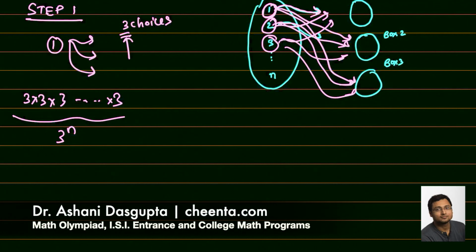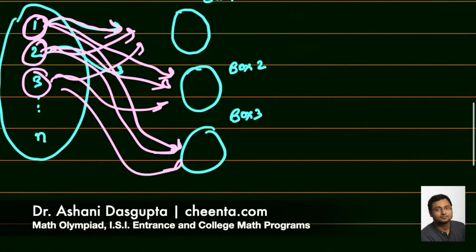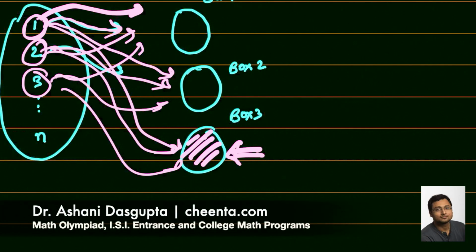But we are not done. We have to take into consideration the case where box 3 is empty. We don't want any of the boxes to be empty. But it could be that box 3 is empty. How can that happen? Well, it can happen if everything else goes to the first two boxes.